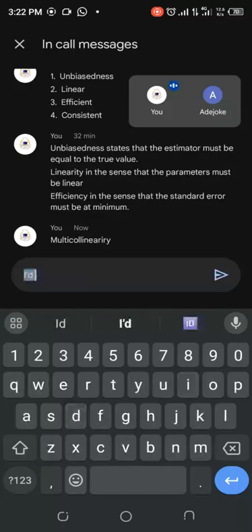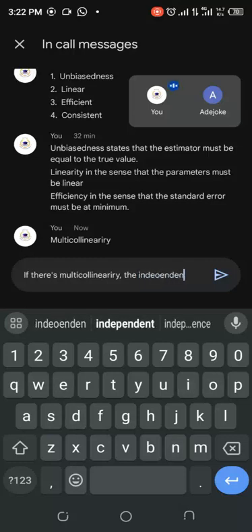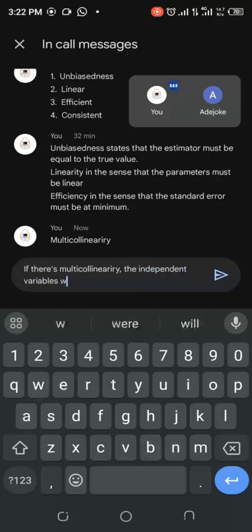So if there is multicollinearity, the independent variables will explain themselves.